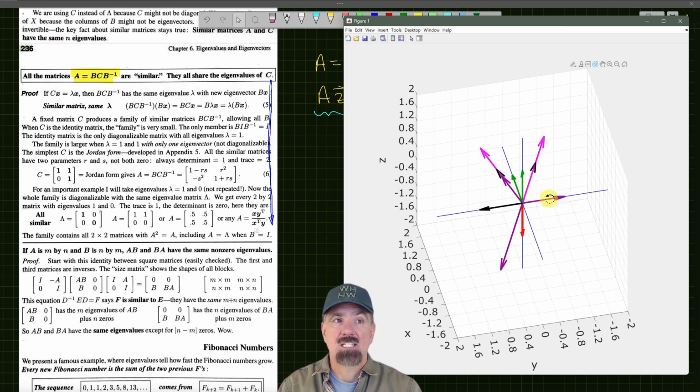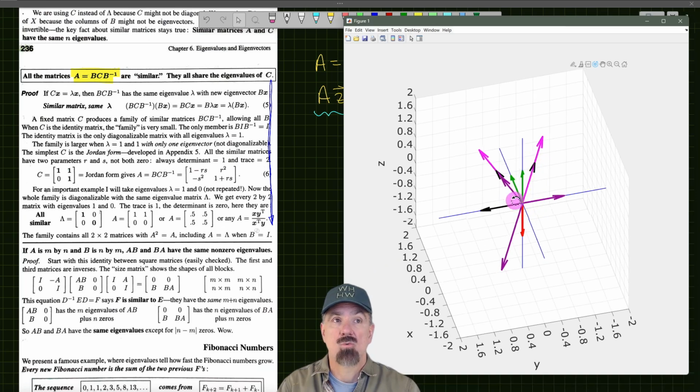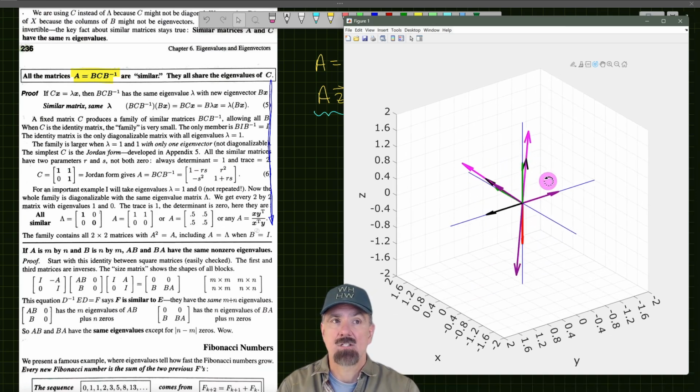This vector stays the same. It has an eigenvalue of 1. This vector doubles in length. That has an eigenvalue of 2. This vector ends up getting flipped around, and that means it has an eigenvalue of -1. So the eigenvalues for our matrix A are 1, 2, and -1, and they act directly along the eigenvectors.